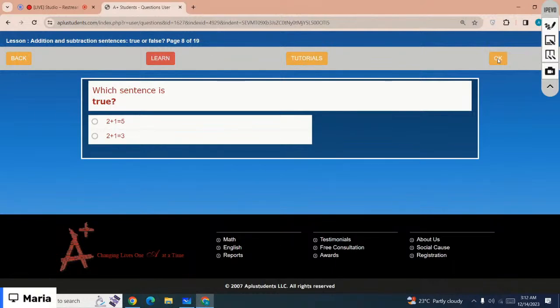Yes, that is option number 2. 2 plus 1 equals 3 is the correct option, right?